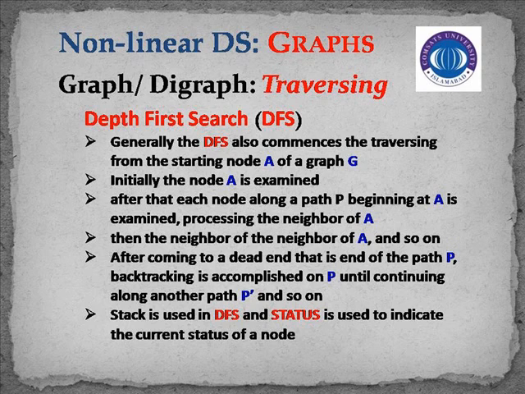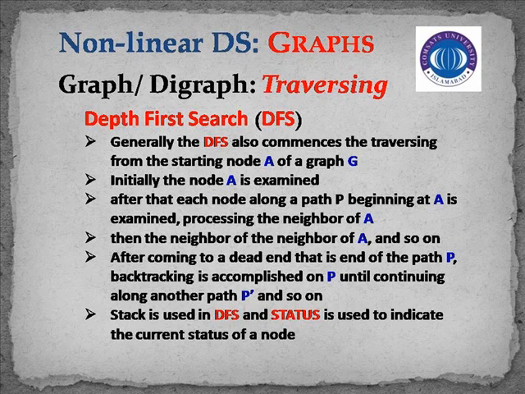After that, each node along a path P beginning at A is examined, processing the neighbor of A. Then the neighbors of A are examined, and so on and so forth. After coming to a dead end, that is, the end of the path P, backtracking is accomplished on P until continuing along another path P dash, and so on.